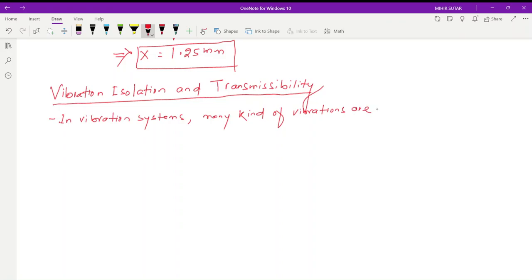Vibrations are undesirable, and can be reduced if not eliminated.